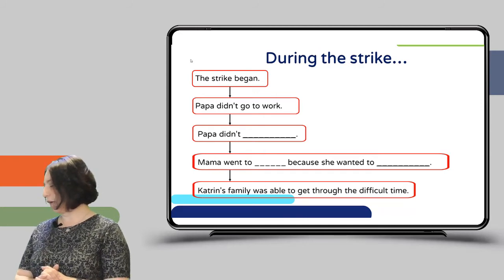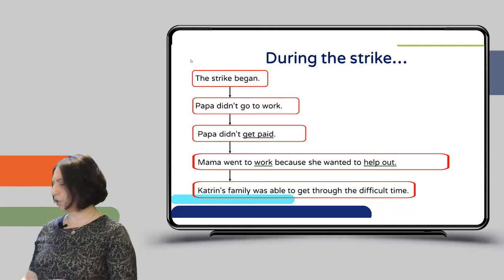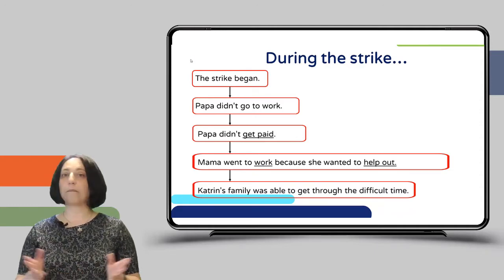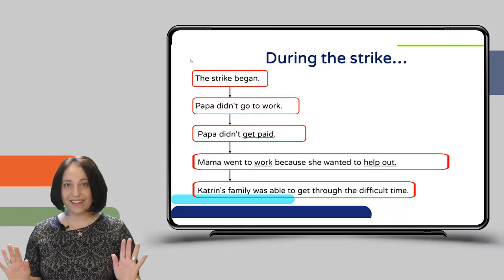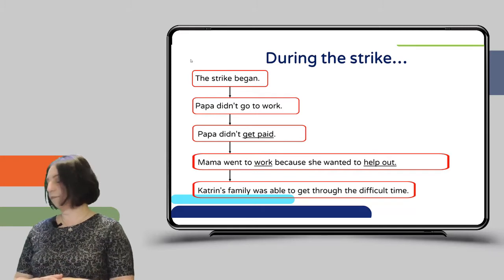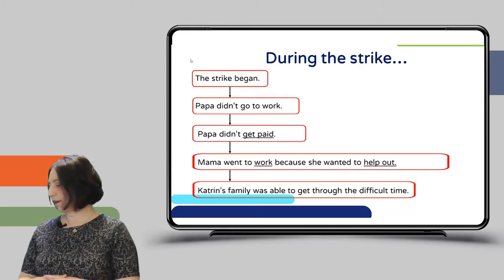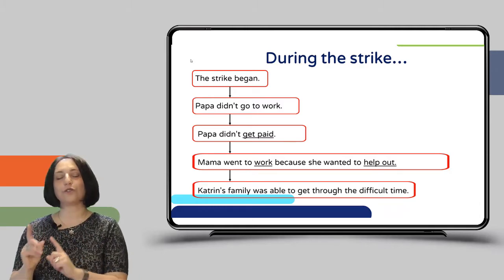Katrine's family was able to get through the difficult time. So what happened during the strike? Right, Papa didn't go to work. He didn't get paid, didn't get money. So Mama went to work because she wanted to help out. And so Katrine's family didn't have to go to the bank.